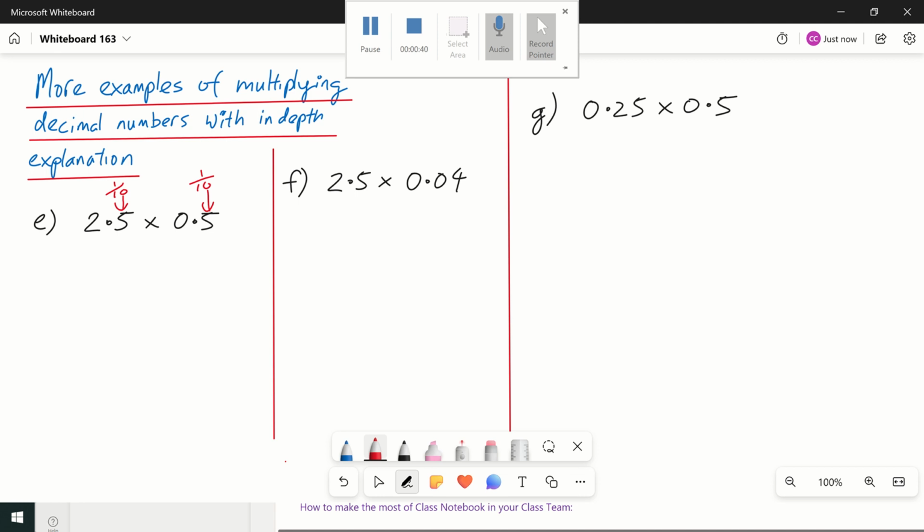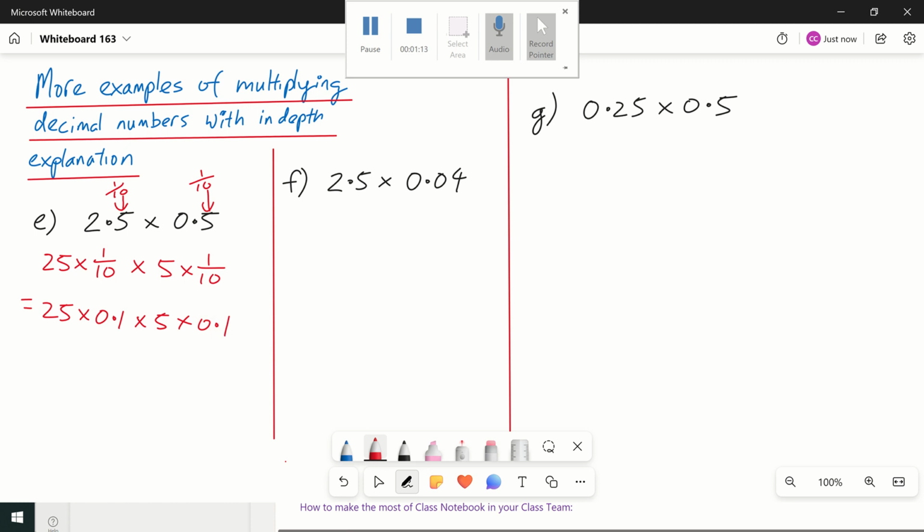So that literally means, for the first number, 25 times 1/10, multiplied to 5 times 1/10. Of course, that then becomes 25 times 0.1 times 5 times 0.1.